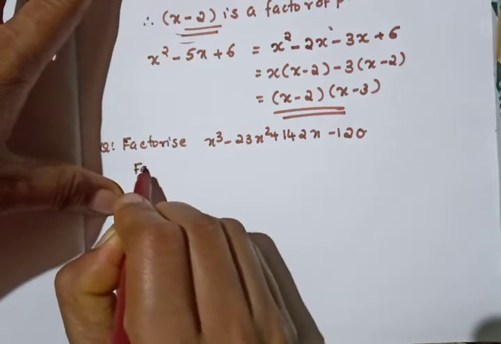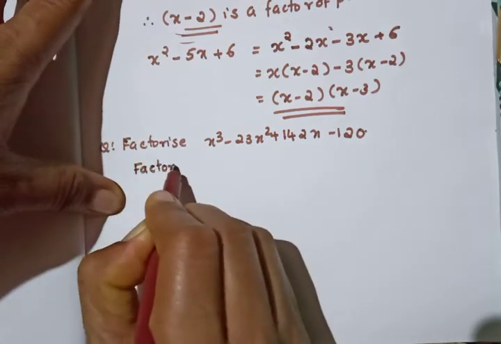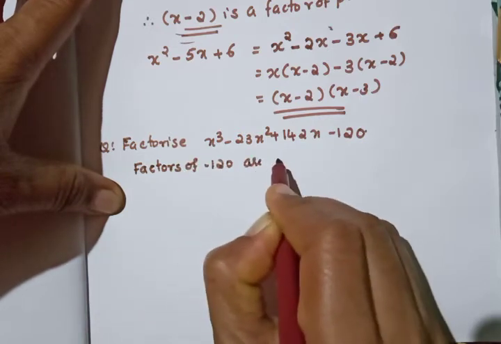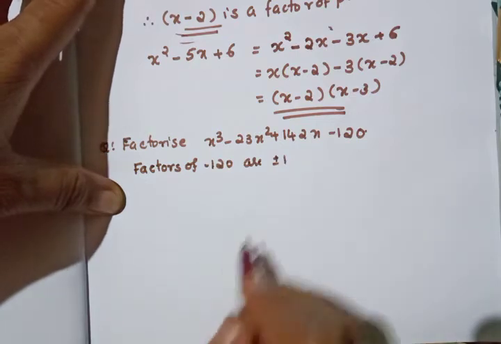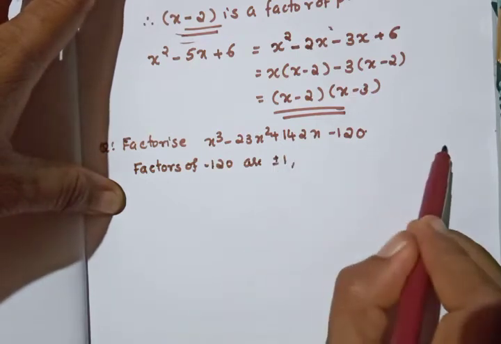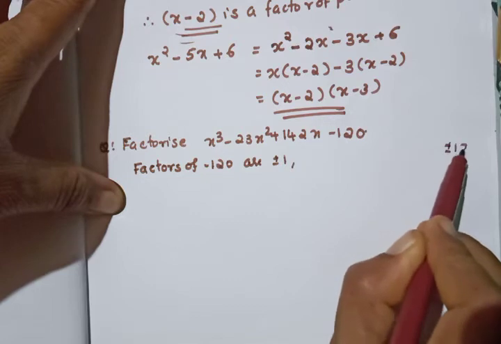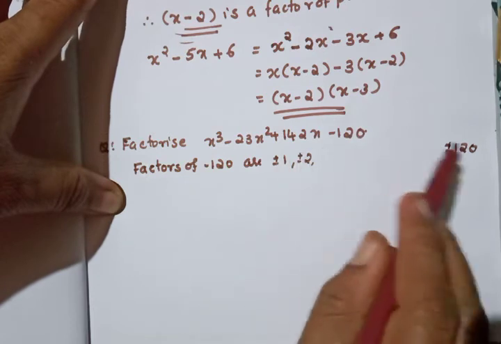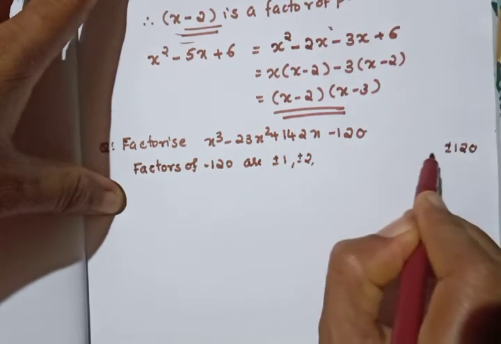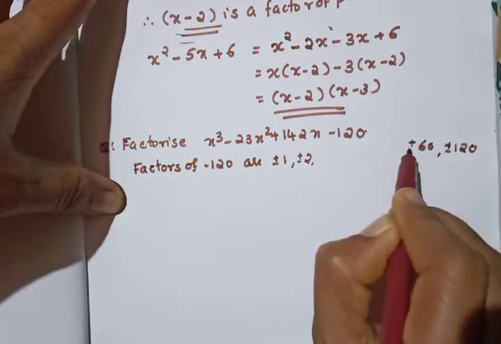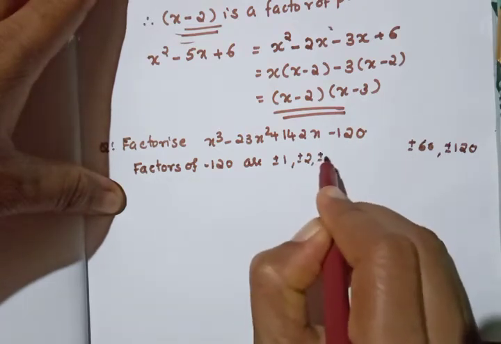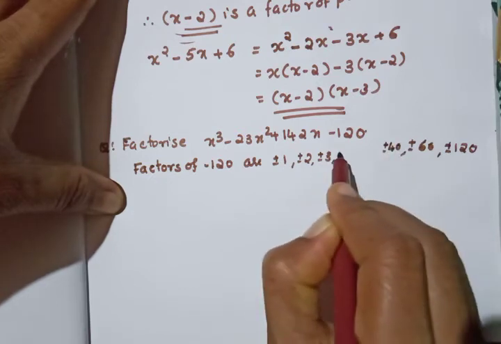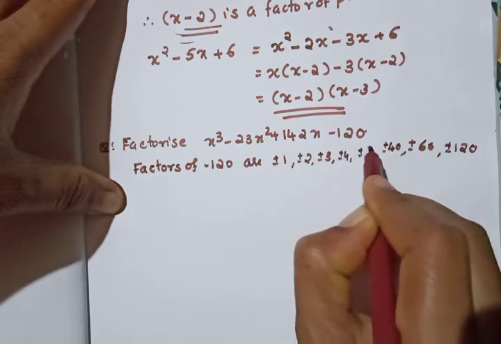The first step is factors of negative 120 are, see, plus or minus 1. Plus or minus 1 means you will get plus or minus 120. Then plus or minus 2. What is meant by that? 1 into 120, 120. 2 into 60 you will get, so plus or minus 60. Then plus or minus 3 into plus or minus 40. Plus or minus 4 into plus or minus 30.